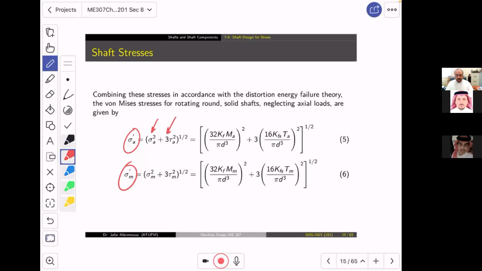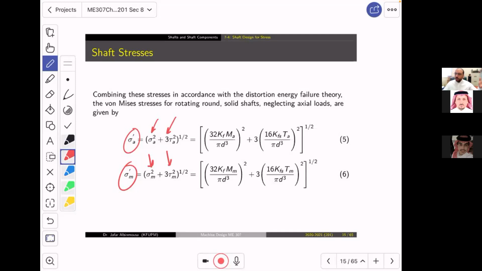But remember one thing, I don't need to keep sigma a unknown. In the past, we said sigma a because sigma a can come from tension, can come from bending. Here, tension is not important, so we're just going to ignore it. If the tension is not important, we know what sigma a is.